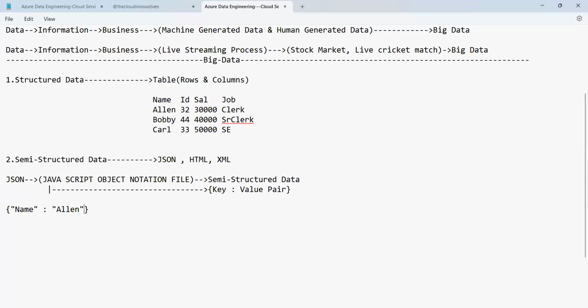That's it, finished. And then comma. Then the next key, ID, and the keys will always be kept in quotes. The value of the key is 32.